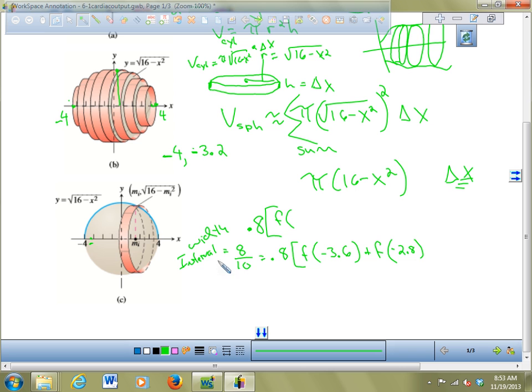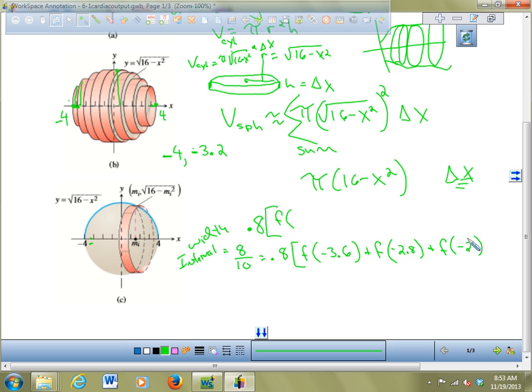Wait, why do you go 0.8 now? That's the width. But you just went 0.6, 0.4. Yeah, but I'm using the midpoints, okay? So the next midpoint is going to be a full 0.8 away from the midpoint, right? So where's the next midpoint going to be?